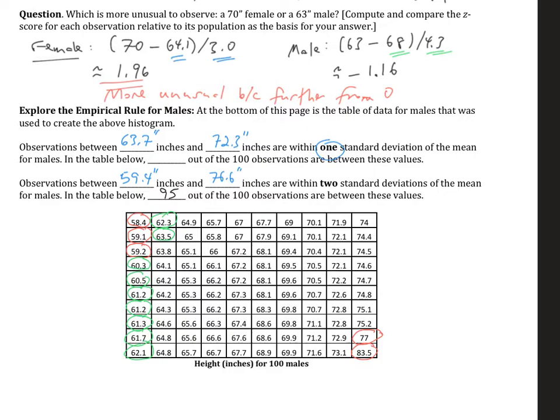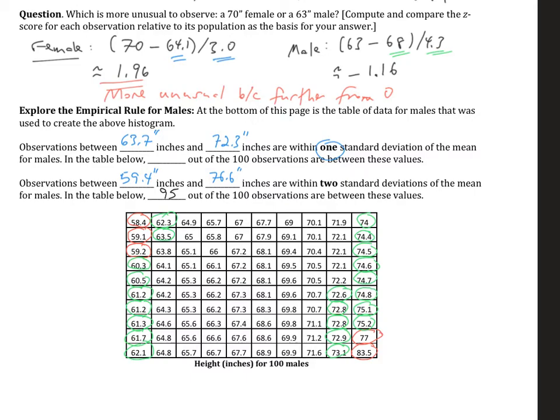Those are all the ones that don't make it all the way up to 63.7. And then on the high end, here are all the values that are not smaller than 72.3. So that's the extent of them. The ones that are circled in red and green are the ones that are not in between 63.7 and 72.3.